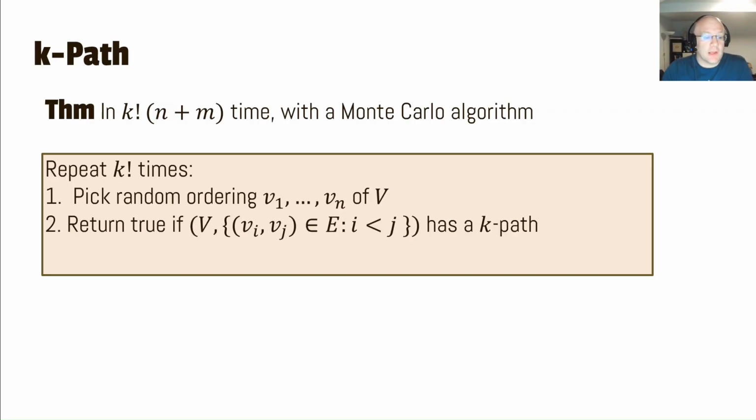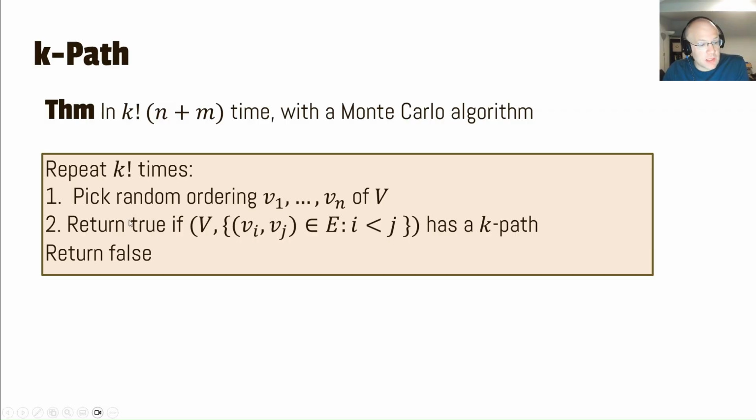And then we return true if a particular sub-digraph has a k-path. That graph is formed by taking only the edges of the type vi, vj, where i is before j in the ordering. And if after all these trials we were not successful, we return false.